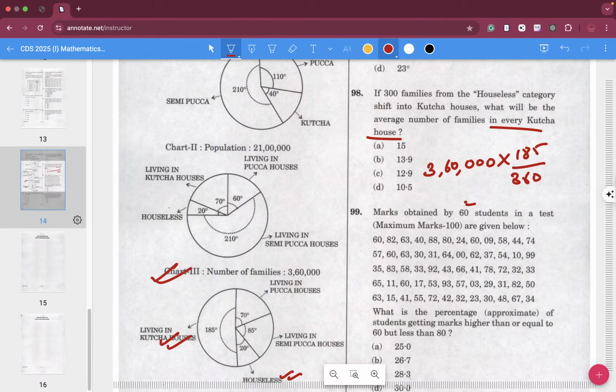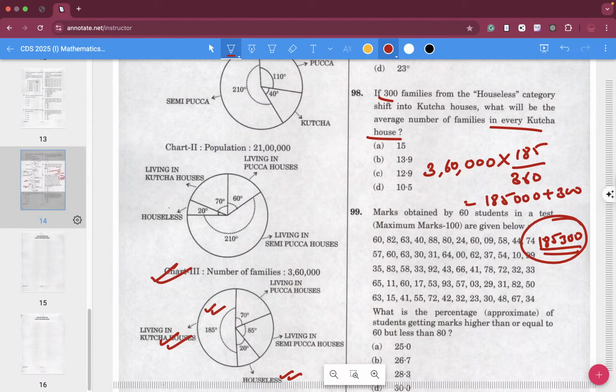So it will go 1,000 times, which is 1,85,000. 1,85,000 families are living in the kacha houses. Now they are saying 300 homeless people are also shifting to kacha houses. So if we add that, we get 185,300.